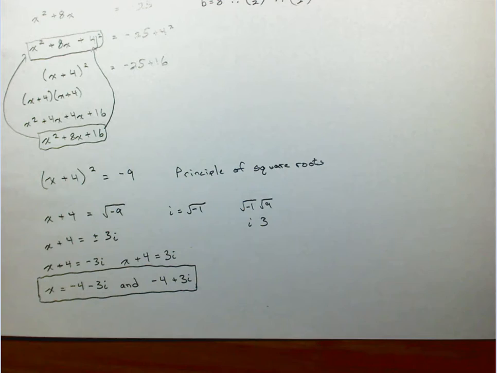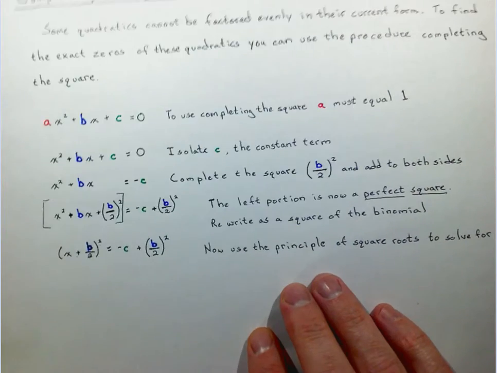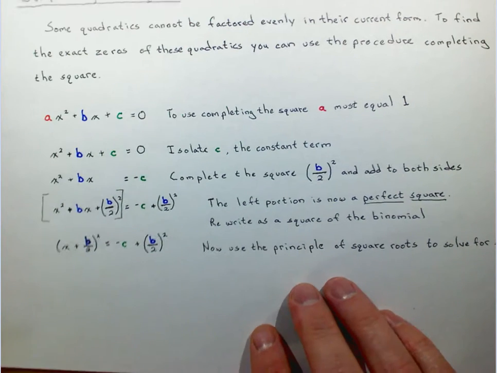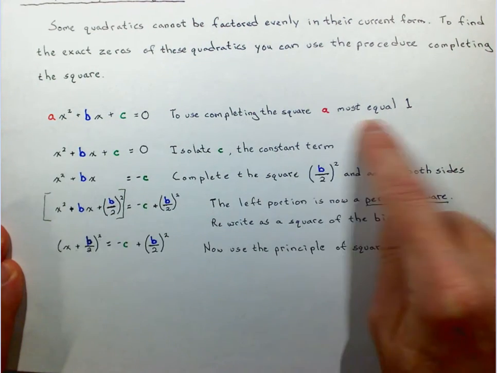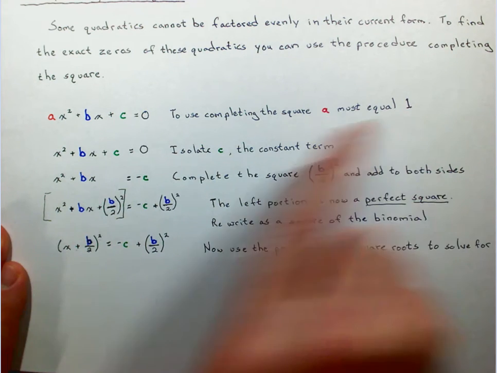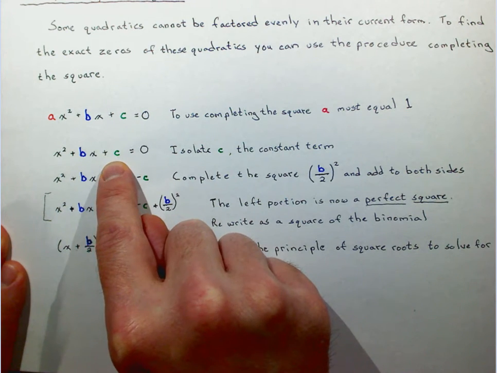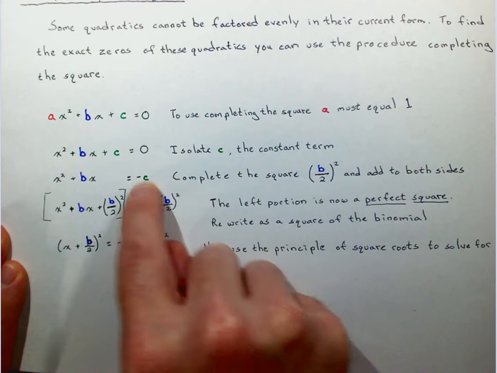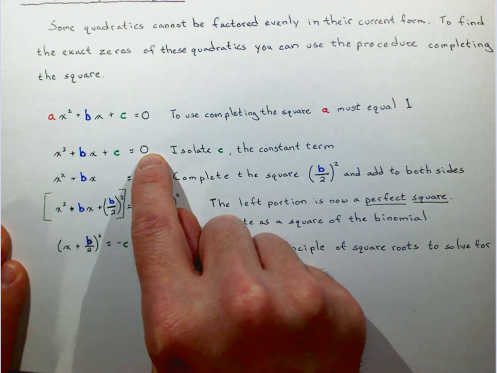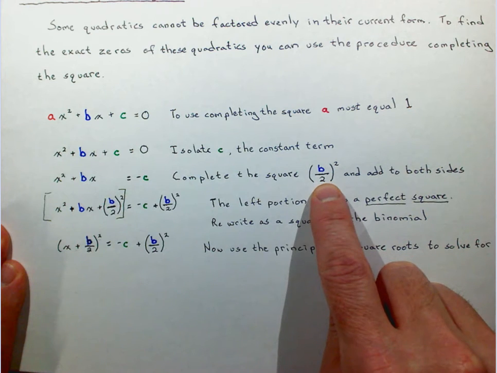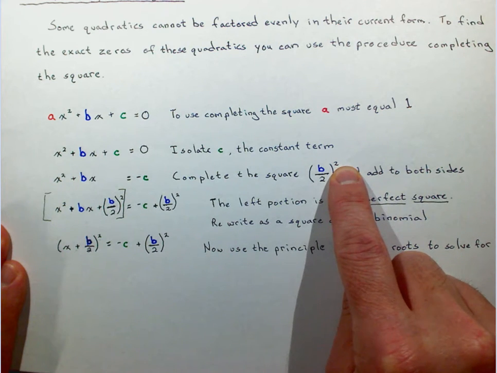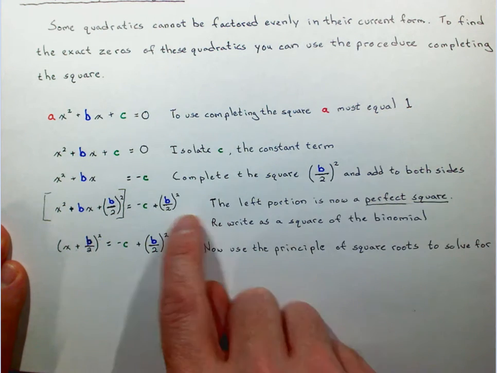Okay, so real quick, for completing the square, what we're looking at is a needs to be equal to 1. I move the constant by itself. What I do to one side, I have to do to both. And then I take the value of b, I divide it by 2, and then I write it as a square. I add that to both sides.